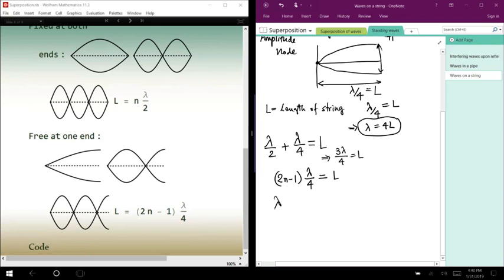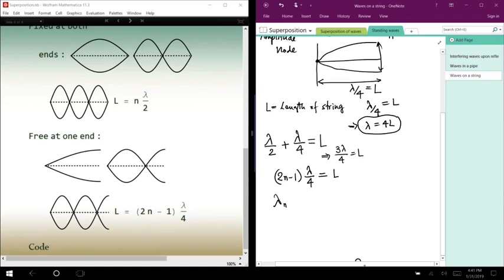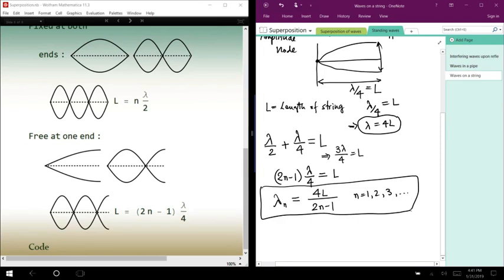And so one can then write lambda n. So lambda changes with n, right? Remember, L is fixed. You have fixed the length of the string. So lambda n is equal to 4L divided by (2n minus 1), where n is equal to 1, 2, 3, etc. And so this is essentially the formula for wavelengths of standing wave patterns.